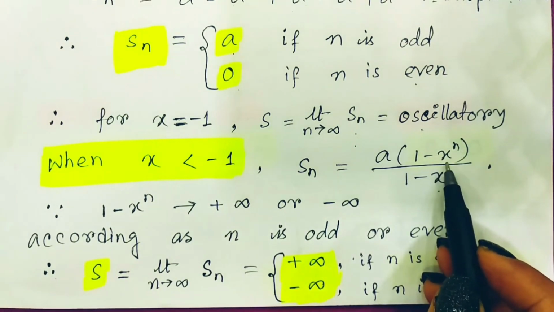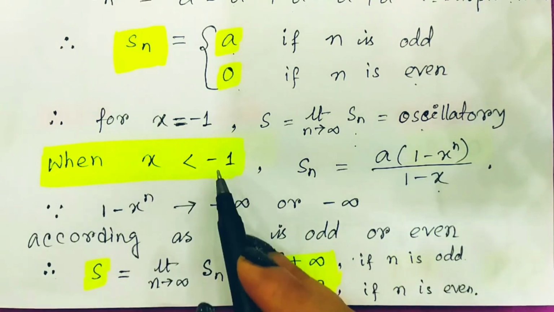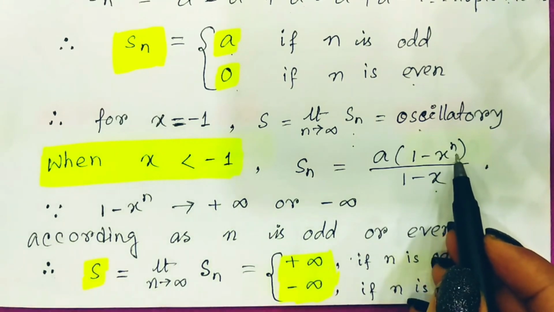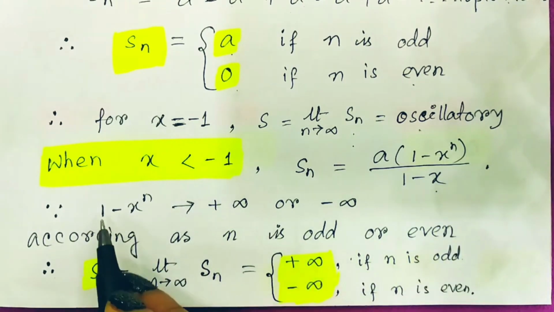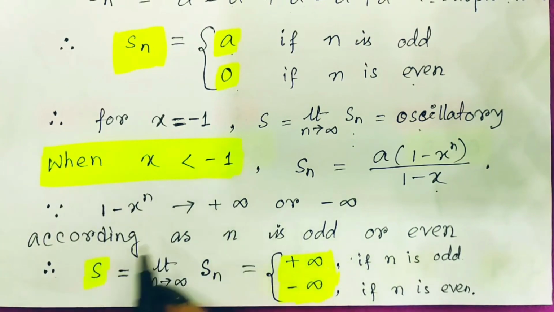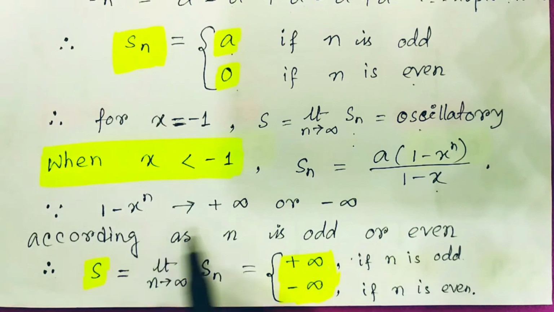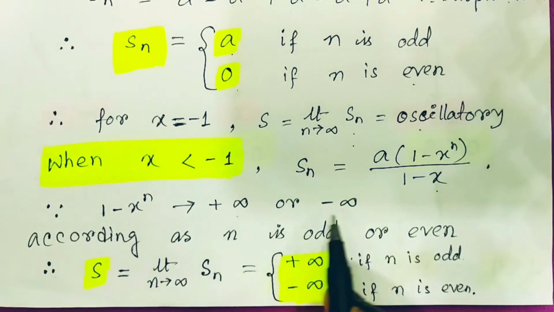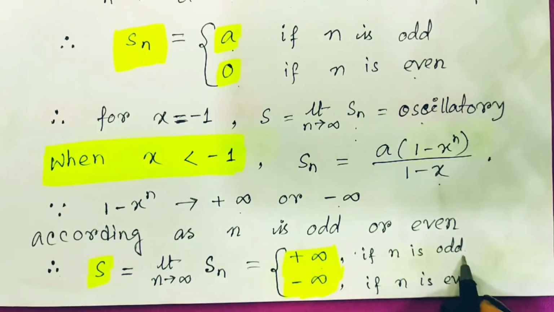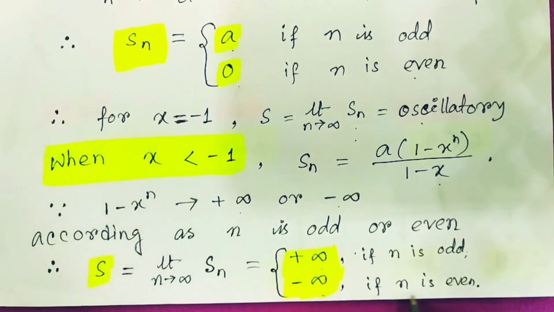As n tends to infinity, x value is less than minus 1, so x to the power n tends to infinity, and 1 minus x to the power n also tends to infinity. Depending upon whether n is even or odd, this is plus infinity or minus infinity. So when we take n tends to infinity, the value is plus infinity if n is odd, and minus infinity if n is even.